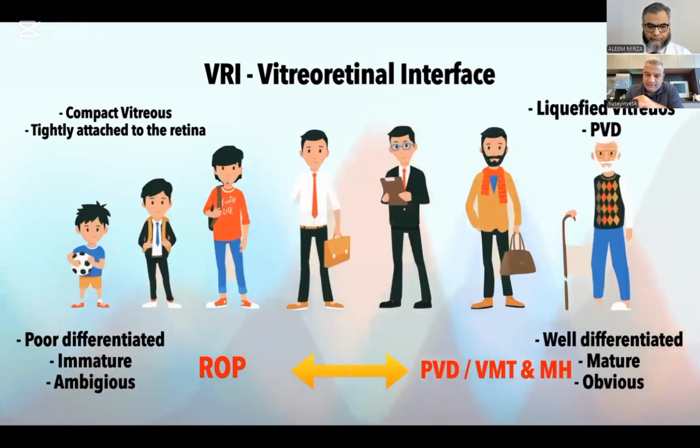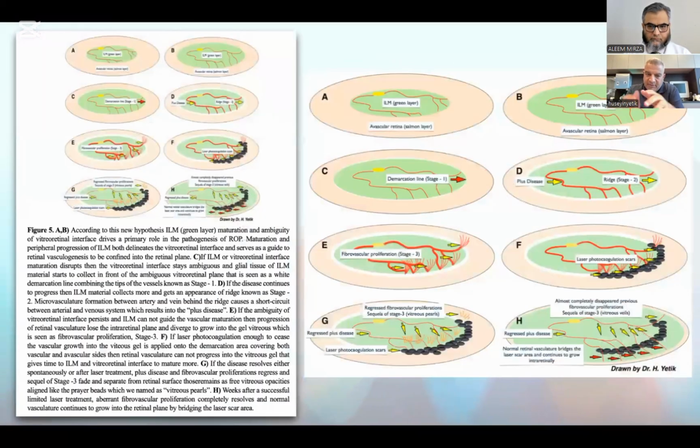So what happens? This is my hypothesis. While progressing through this ambiguous vitreoretinal interface, the vessel cannot define where the retina is, where the vitreous is. And the internal limiting membrane normally guides the vessels. You know, while we are performing ILM peeling, the ILM is covering the vessels.